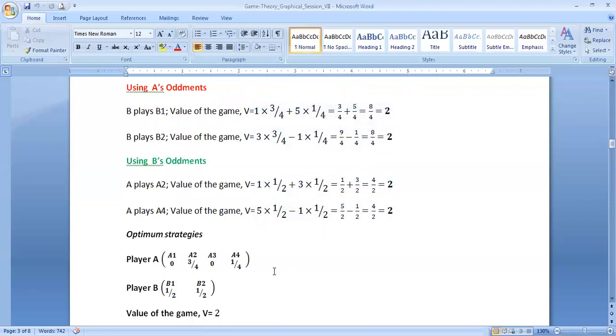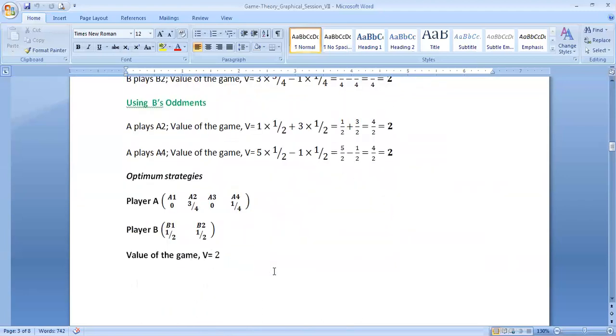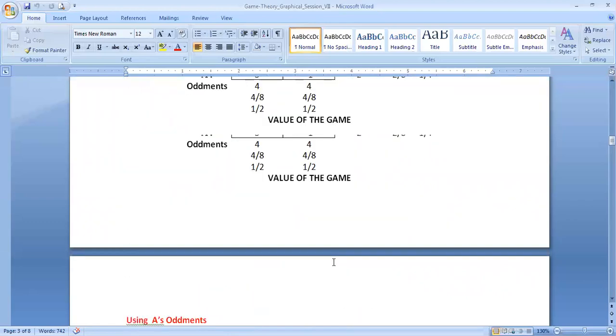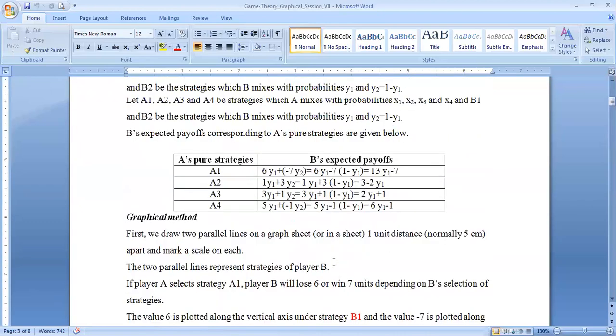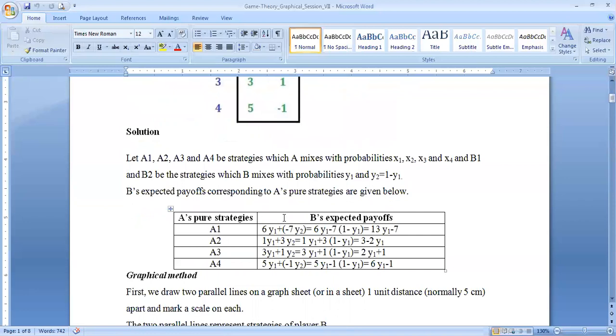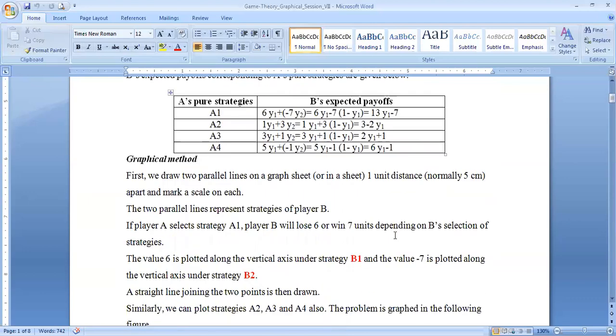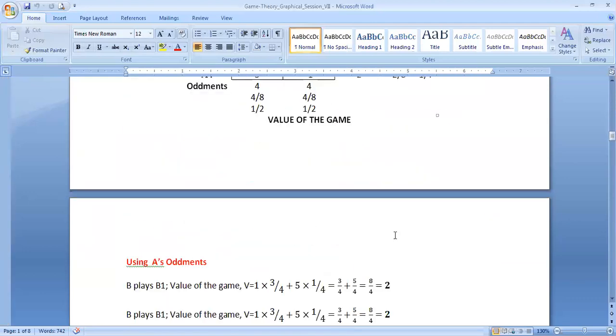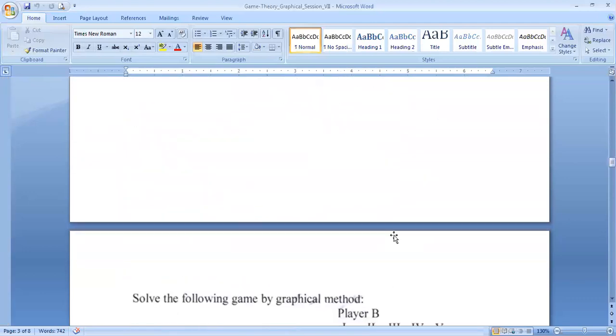Now I ask you, is there any relationship between the value of the game and the table which we have written, with A's pure strategies and B's expected payoff? Can you find any relation between the value of the game and this table? If anybody knows or finds the answer, they can message it to my personal contact. Then we'll take another problem, the graphical one.